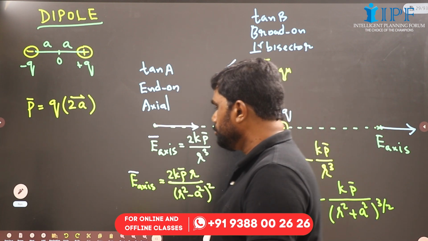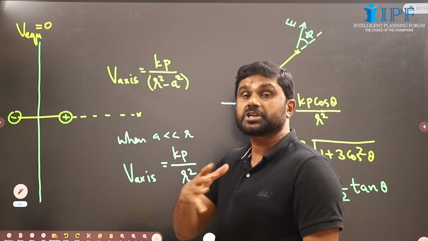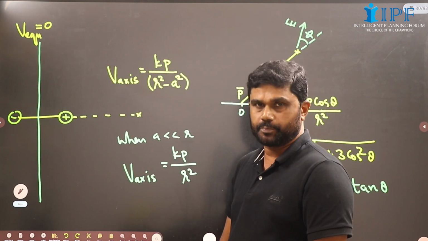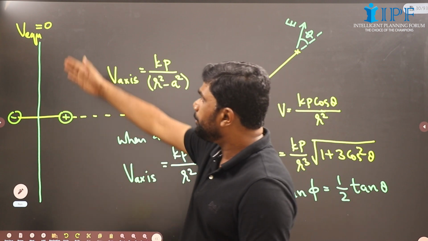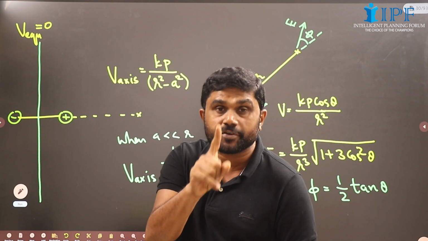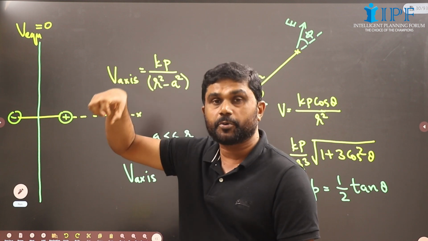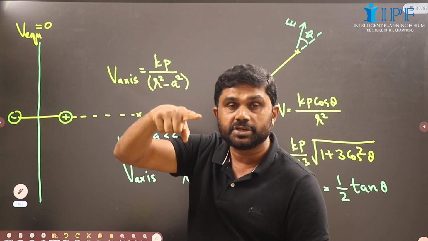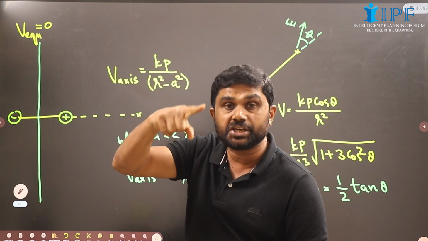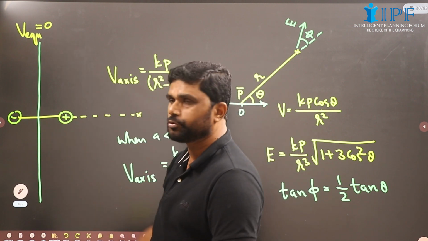Okay, now see what's next here. Yeah, this is the potential due to an electric dipole. See, any point on the equatorial line will be equidistant from negative and positive charge. So both the negative charge and positive charge will produce positive and negative potentials of equal value everywhere on this equatorial line.